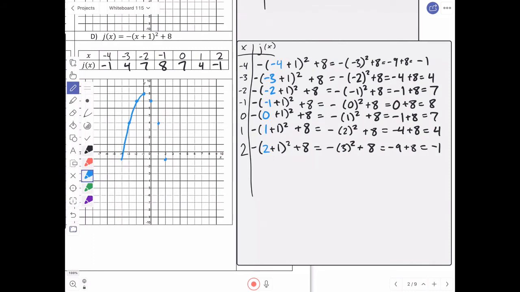If I plugged in 3, negative 8, there it is, like that. That's j of x.